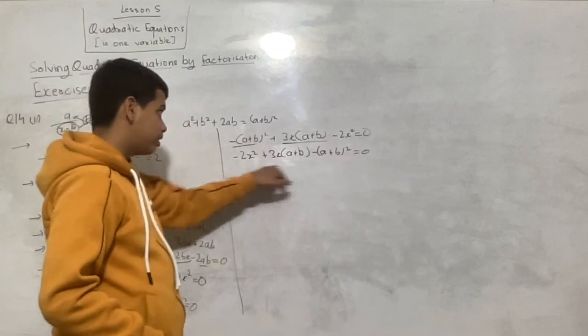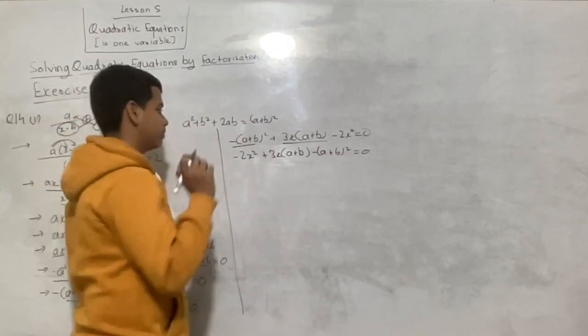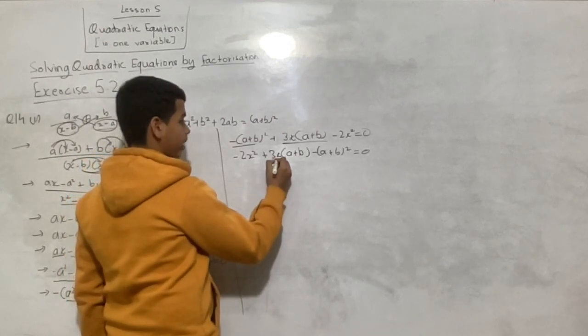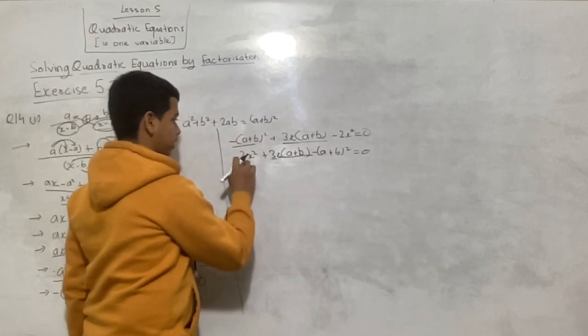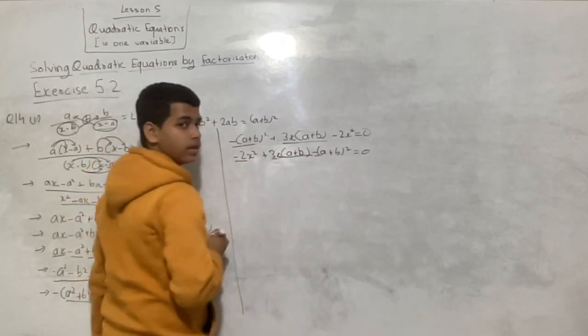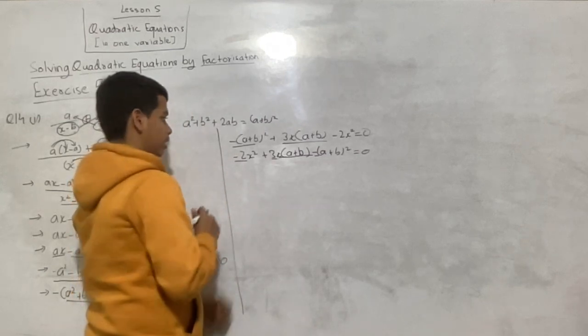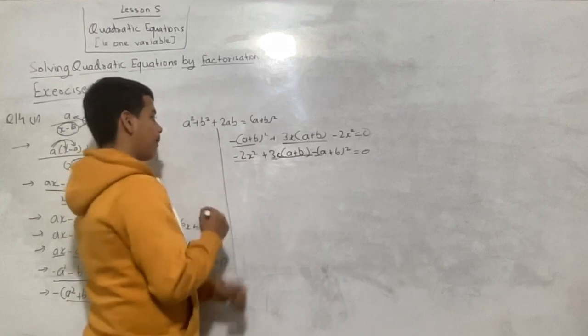We have to factorize all these three, and we just learned what it is called, middle term splitting. So you have to split 3x(a plus b) such that it should be equal to plus 2. Why plus 2? Because minus 2 into minus 1 gives you plus 2. Minus into minus gives you plus.